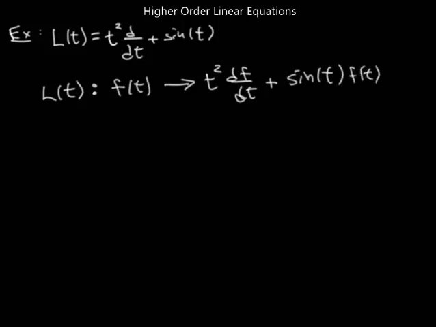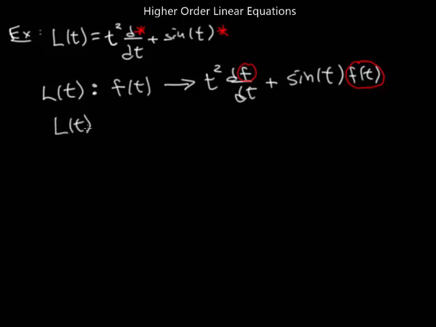So it takes one function to another. The operator doesn't have the f in it, and you're just plugging in f for the derivative, and multiplying it times the function sine of t.